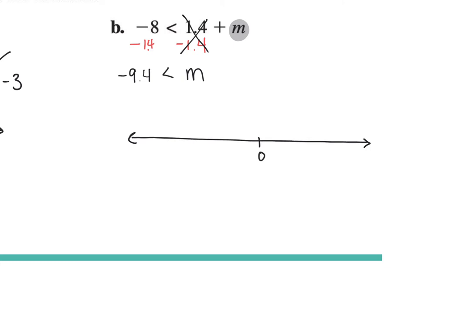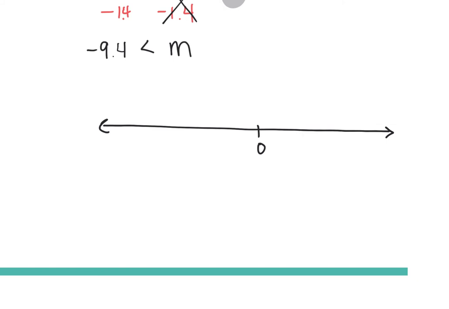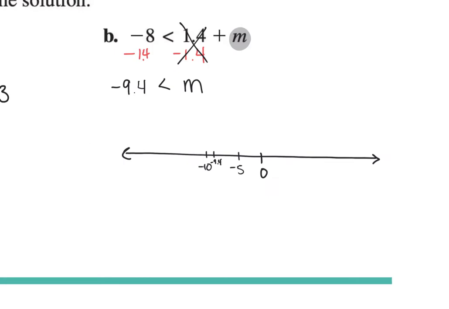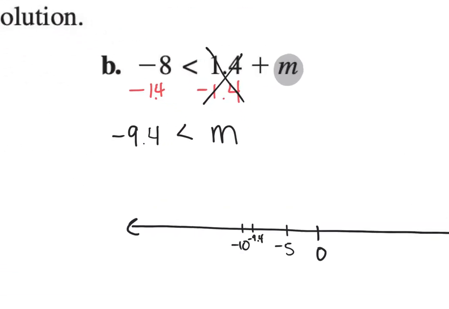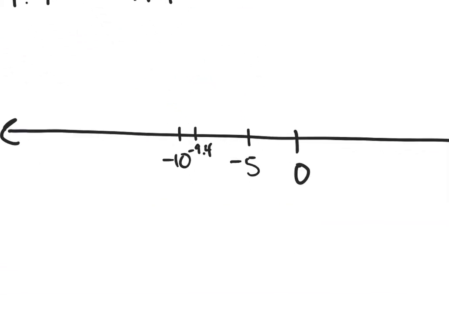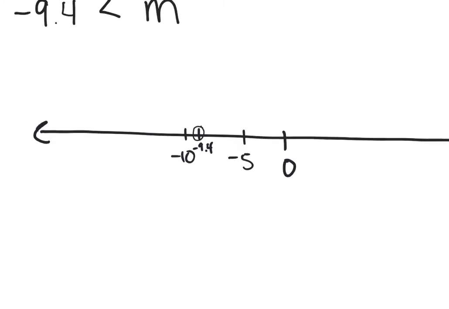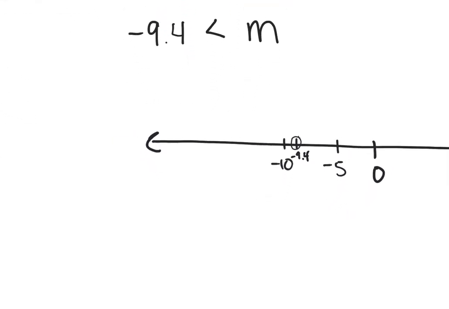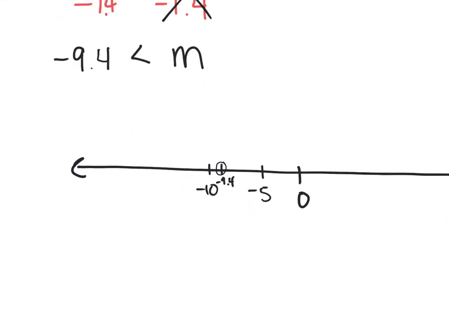Here's 0, and we have to go all the way to negative 9.4. I'm not going to do it exactly. Let's go negative 5. This is negative 10. So this will be negative 9.4. Something like that, okay? Open or closed circle? Well, it is less than. So open circle here.